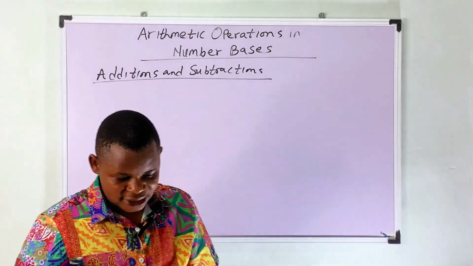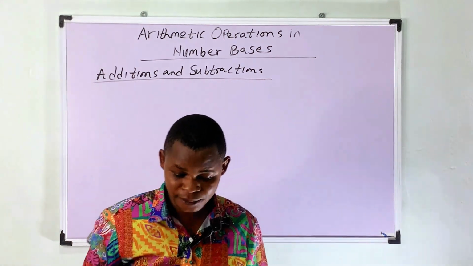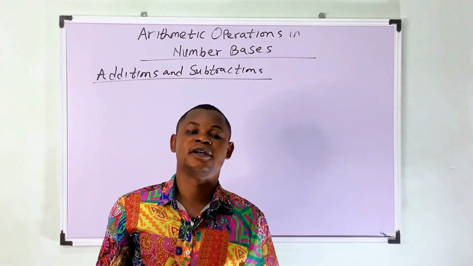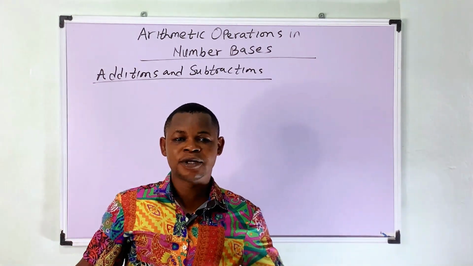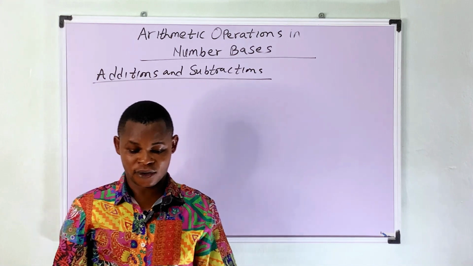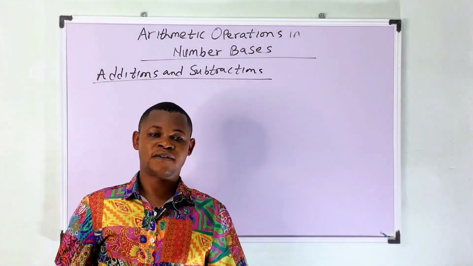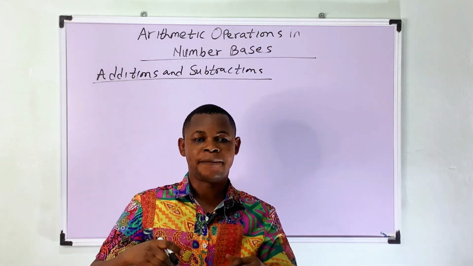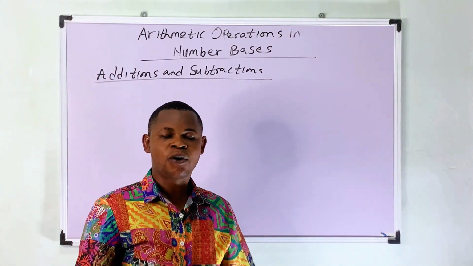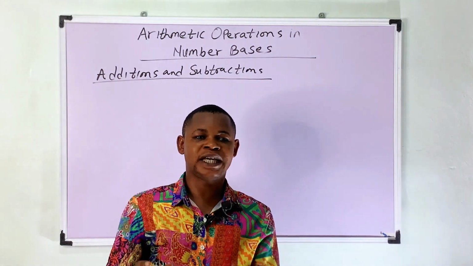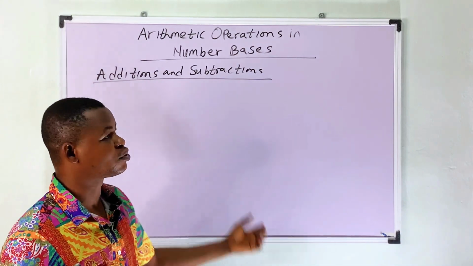In order to make it simple for us, like I promised to make mathematics solutions look and seem the most simple for us, I will start with the base that we are all conversant with, which is base 10. Then we'll move from base 10 to other bases. I want you to pay close attention to the techniques that we're going to use to solve the questions.